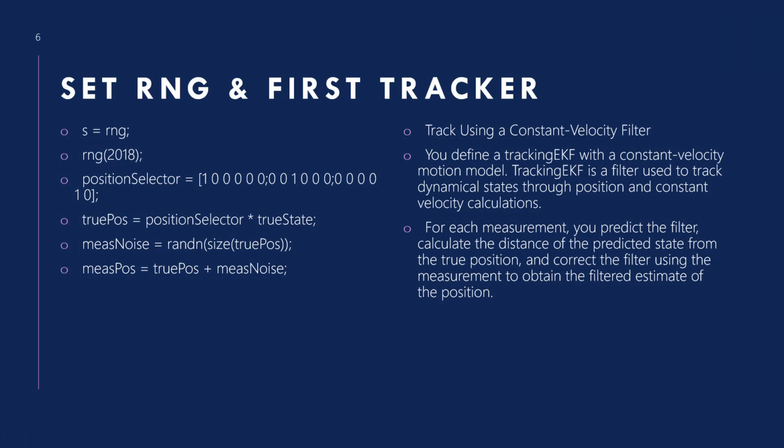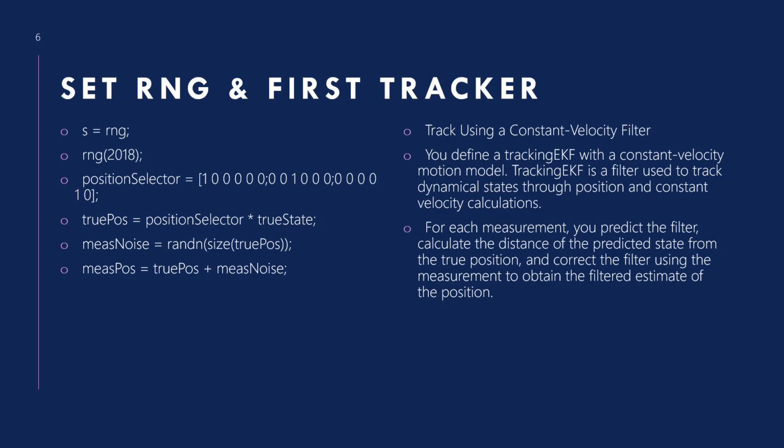So on our left, we just have the little setup for our randomly generated seed, to be able to make all the different random setups that we're going to use. And on the right, we're going to use a constant velocity filter. Now to do this, we're going to use an already defined program in MATLAB called trackingEKF.